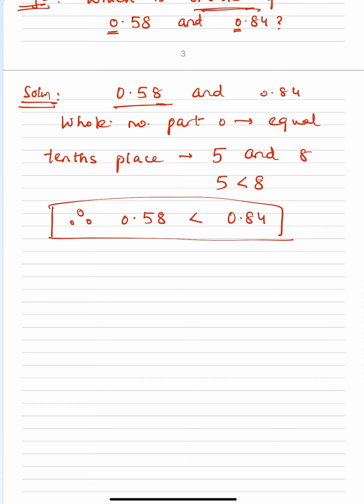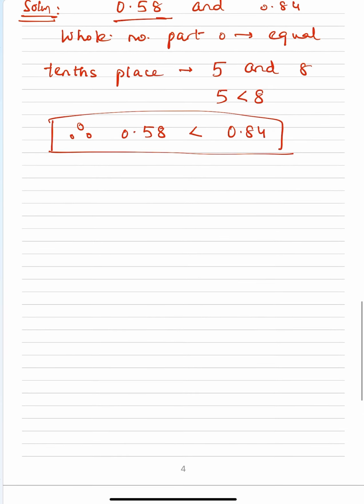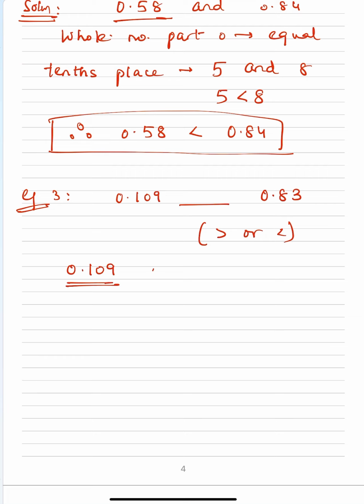Got it? Now see, let us take one more example for the same. 0.109 blank 0.83. This is a fill in the blank, and we have to put greater or smaller. That is, we have to compare. Let us compare both of them, 0.109 and 0.83.